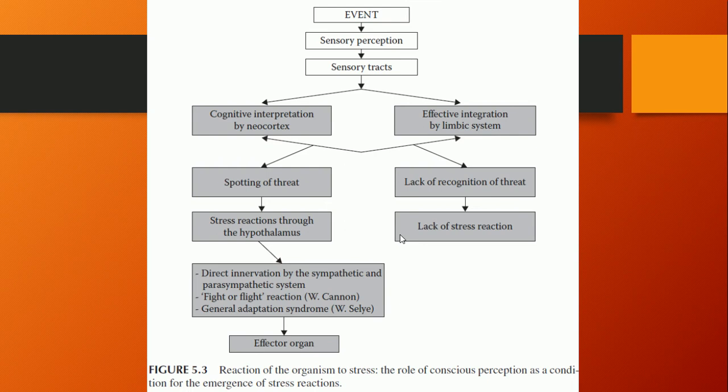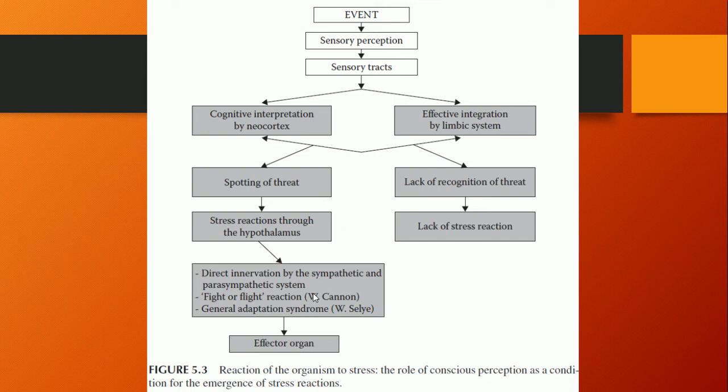So another figure: reaction of the organism to stress. The role of conscious perception as a condition for the emergence of stress reactions. So again, there's an event and then sensory perception of our body and the sensory tracts. It can either be cognitive interpretation by the neocortex, and then we have spotting of threat, stress reactions through the hypothalamus, and direct innervation by the sympathetic and parasympathetic system.